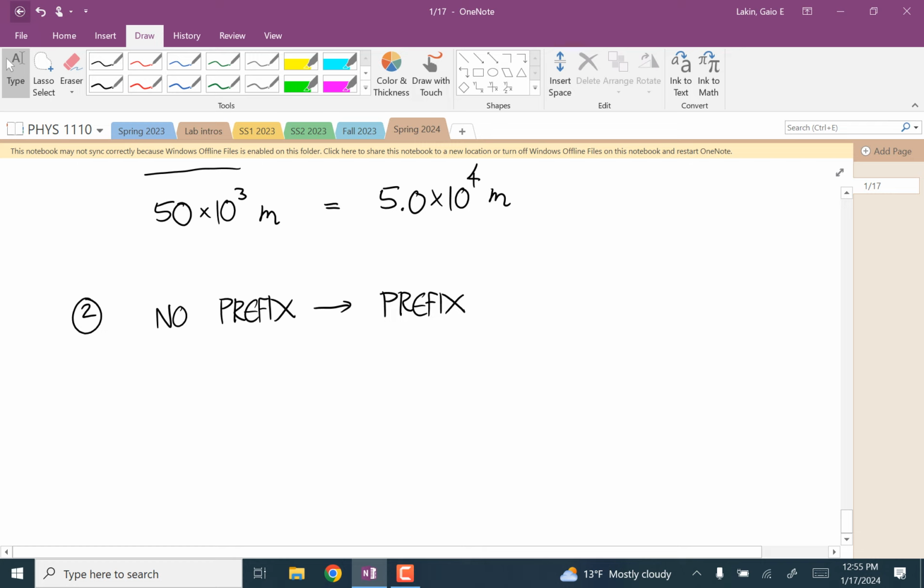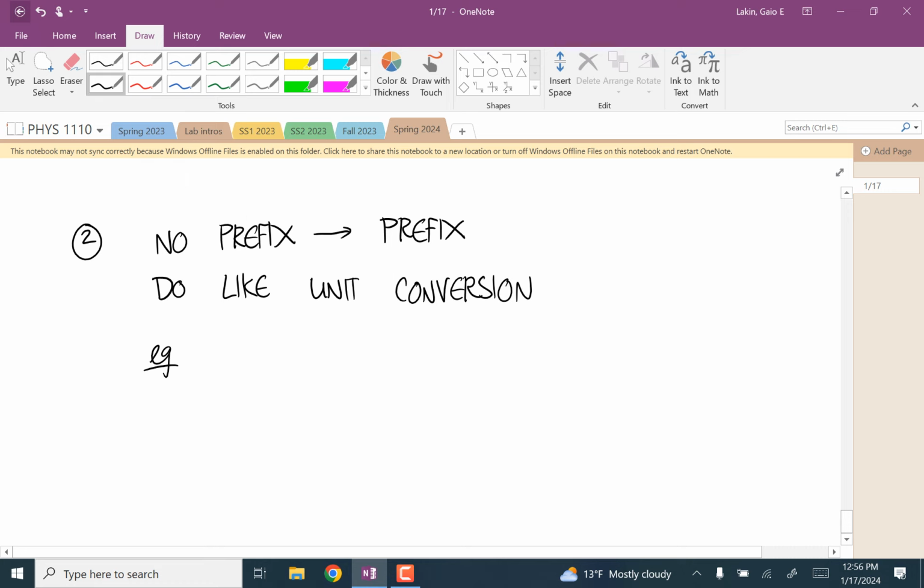Well, for this one, do it like it's a unit conversion. So let me show you what I mean. So let's say that we're starting with 100 grams. And we want to figure out what that is in micrograms.